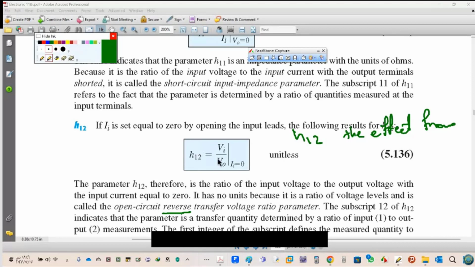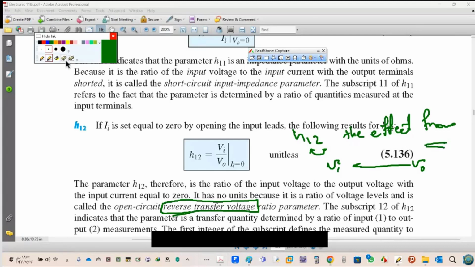So H12 means how 2 would affect 1. If I have VO, will this VO affect VI? Can this VO change VI or not? This is VR. For that reason, we can say this is reverse transfer voltage. How the output will affect the input in voltage.